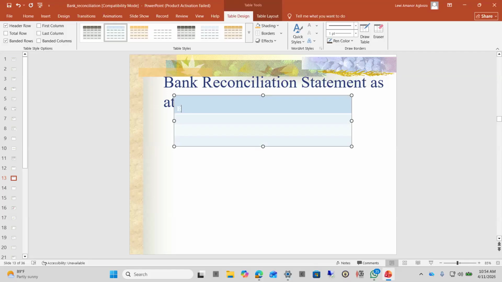So you say balance as per adjusted cash book. Then you drop the figure.